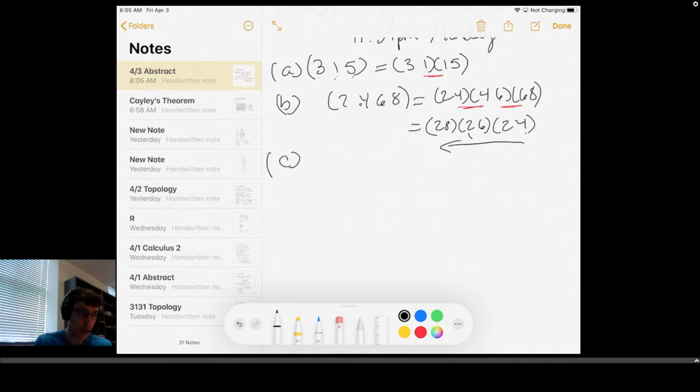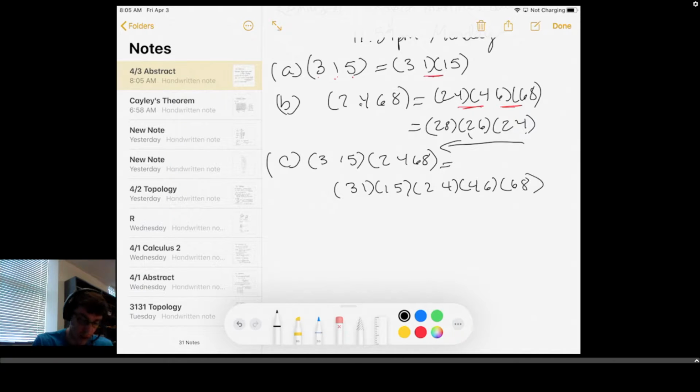And then putting them together, well, you just put them together, right? They're disjoint, they commute, like they don't affect each other. And so, you can write this as (3 1)(1 5)(2 4)(4 6)(6 8), or you could try to do the other thing.